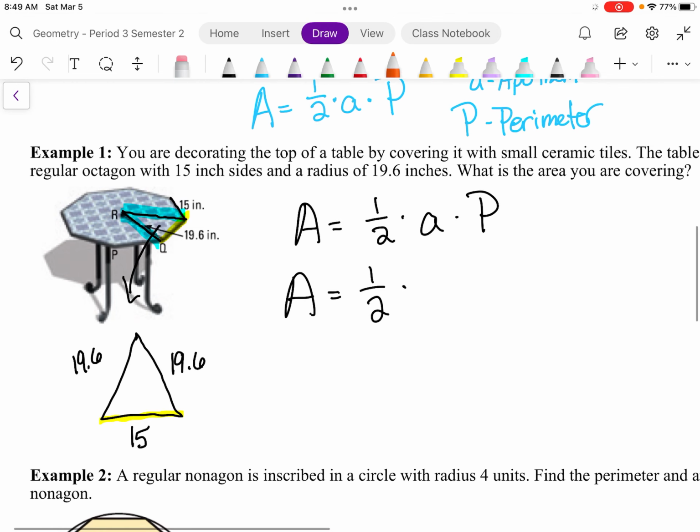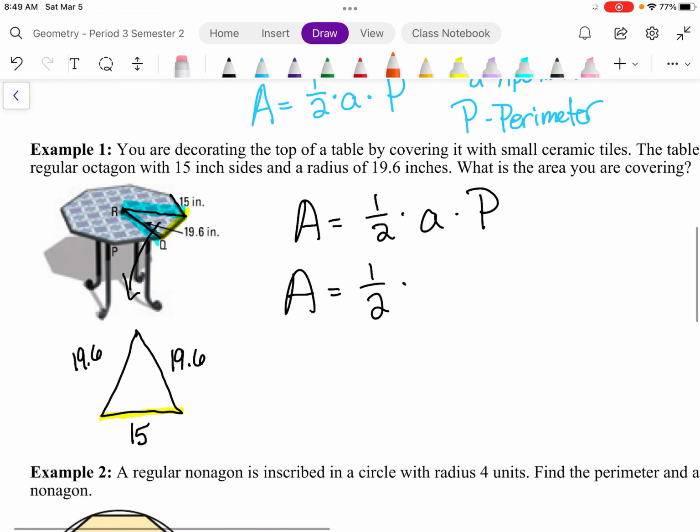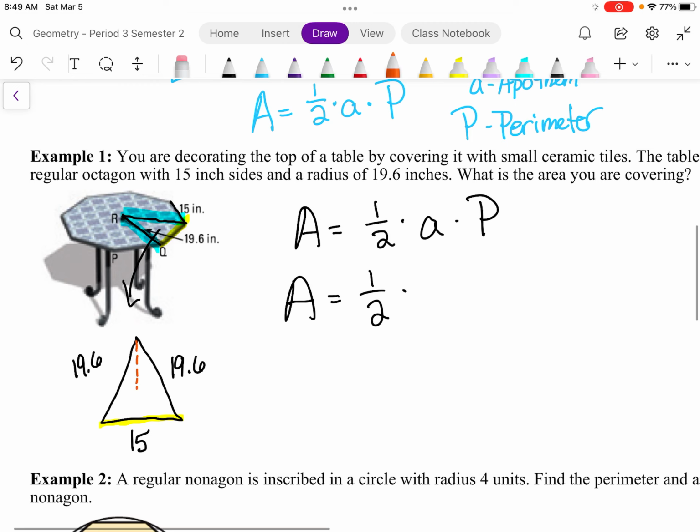We need to find the length of the apothem. So we're going to draw in the height of this triangle. And remember, the height cuts the base of the triangle in half. So half of 15 would be 7.5, which means both of these segments are 7.5.